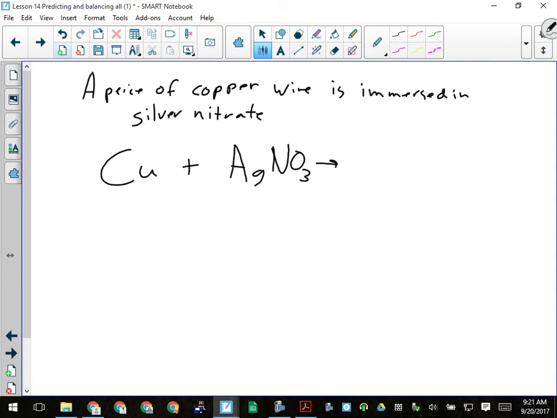Now in a single replacement reaction, something has to replace something else. Copper is a metal, so who is it going to replace? It's going to replace silver. So that means that on this side, copper is going to end up with nitrate, and silver is going to end up alone. Okay, I have a bit of an issue here.